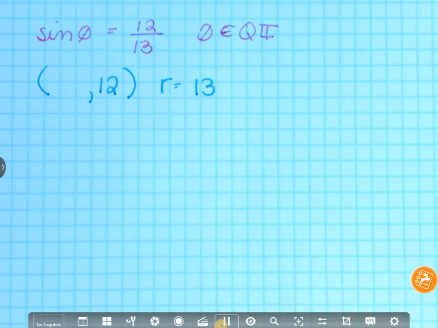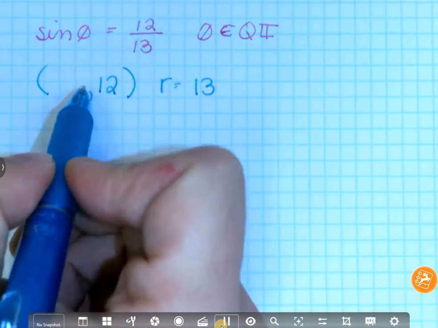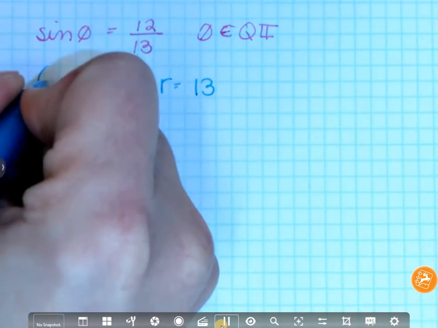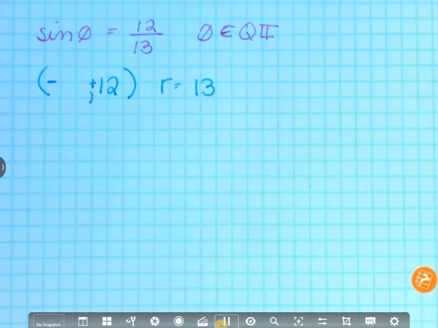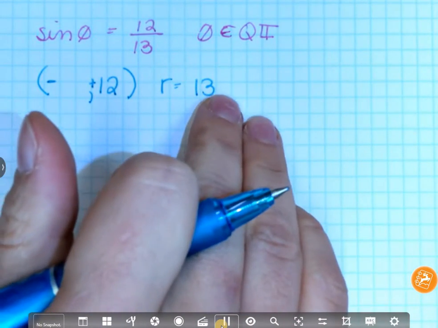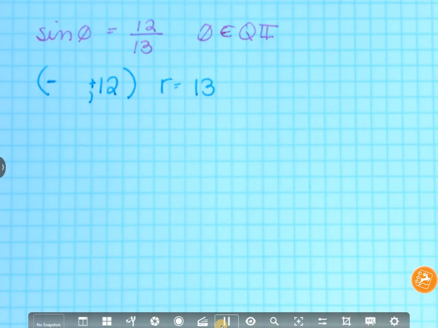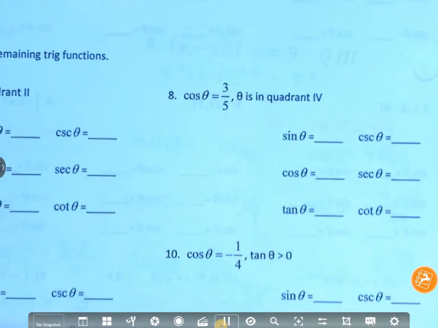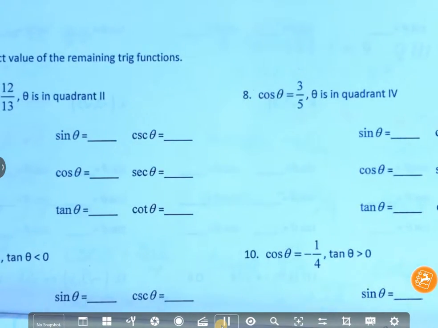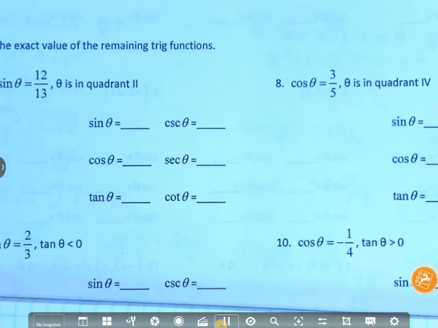In quadrant 2, all of my coordinates have what signs? Negative, positive. Your radius is always a positive value. Can you figure out what x is going to be? Negative 5, because that's one of your Pythagorean triples. Then you would be able to go through and answer the rest of these questions.